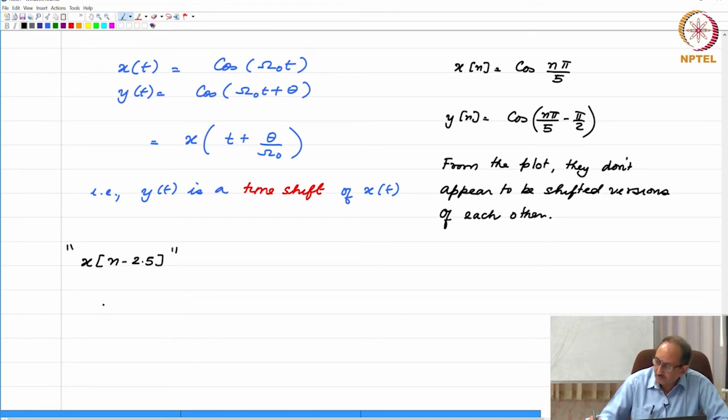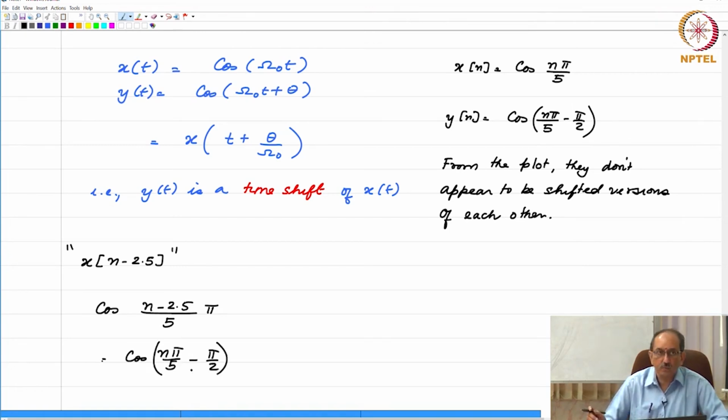So if I take cos n pi by 5 and then replace n by n minus 2.5, I get this, correct? And so this is nothing but cos n pi by 5 minus pi by 2.